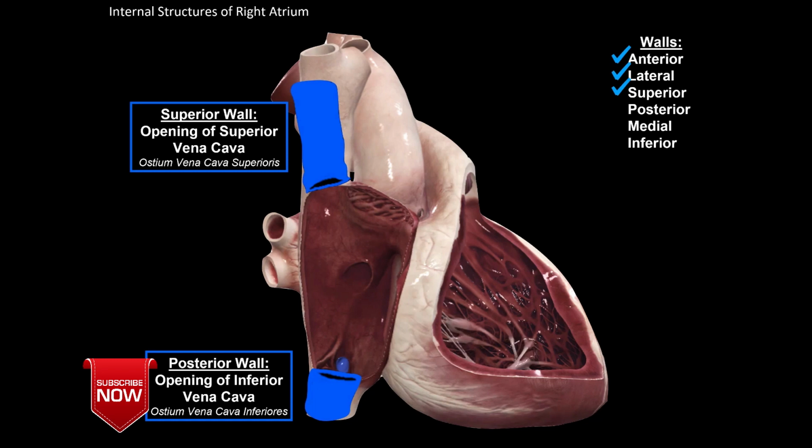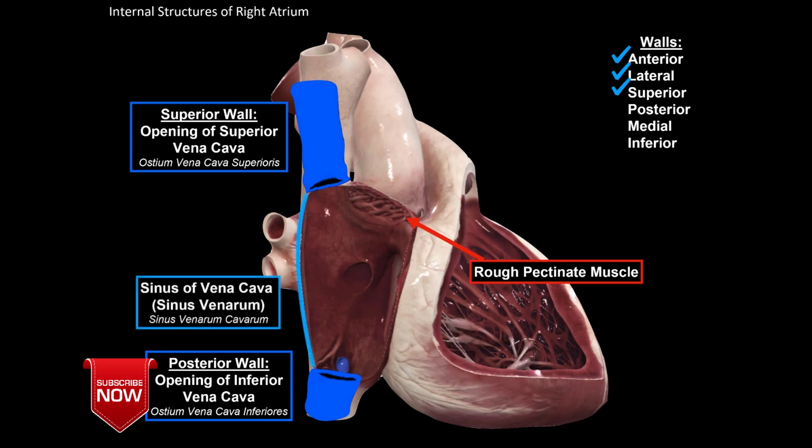Another thing you will find in the posterior wall is, anteriorly you have the rough pectinate muscle, right? But posteriorly, between the opening of the superior and the inferior vena cava, we have a wall called the sinus of vena cava, or sinus venarum. This had a function during embryonic development, but now it forms the area for the sinoatrial node for the conducting system.